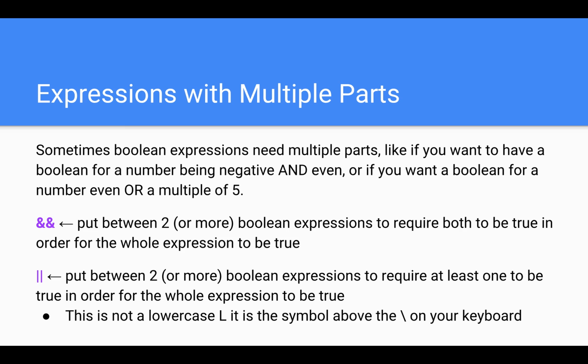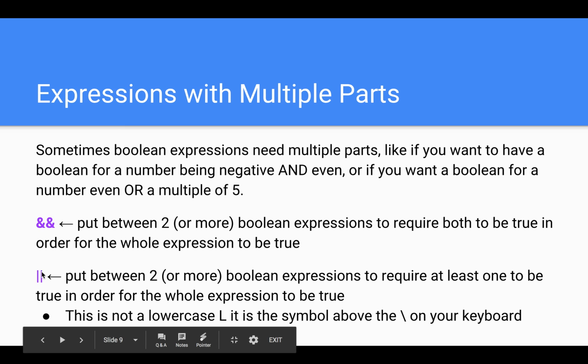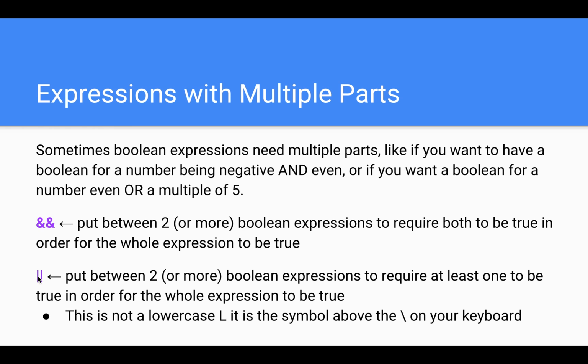And a double pipe, when put between two or more Boolean expressions, requires at least one to be true in order for the whole expression to be true. This symbol isn't a lowercase l, it's the symbol above the backslash on your keyboard.